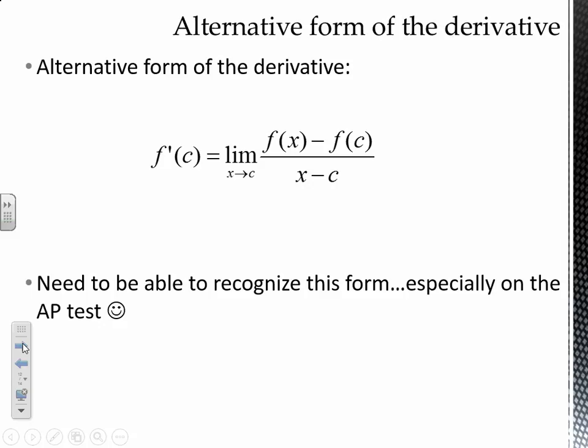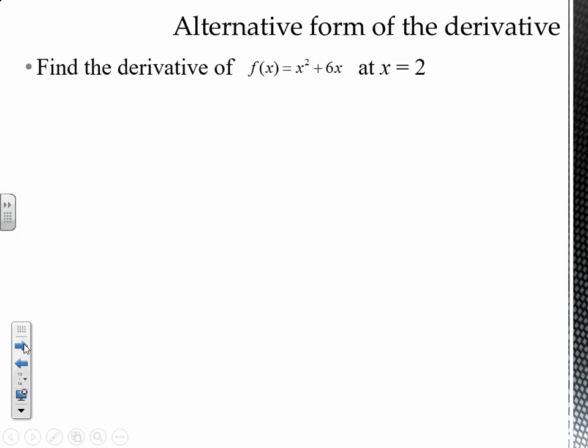So this can kind of save you some time if they're asking you for the derivative at a given value. For example, we have the derivative of x squared plus 6x at x equals 2.